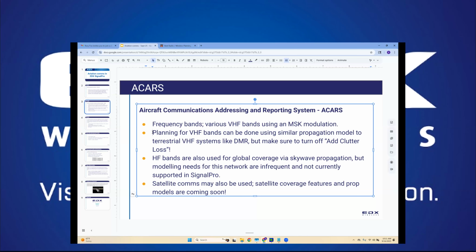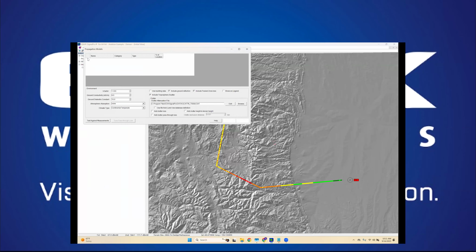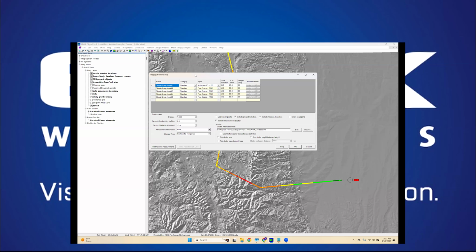Planning for a typical digital mobile radio system, a terrestrial system, you might oftentimes have the add clutter loss option turned on here. What we're seeing today is a greatest hits of possible mistakes that you can make while doing aviation.